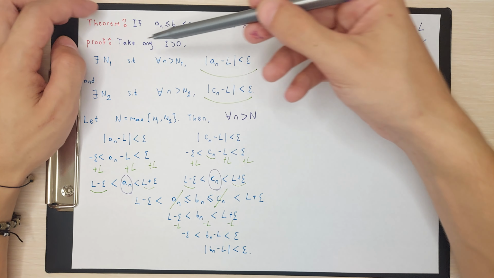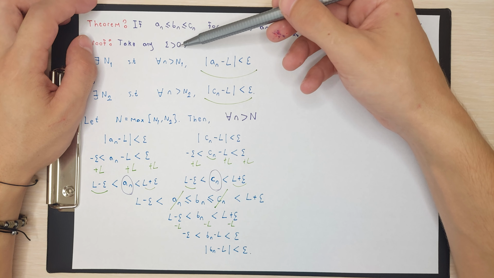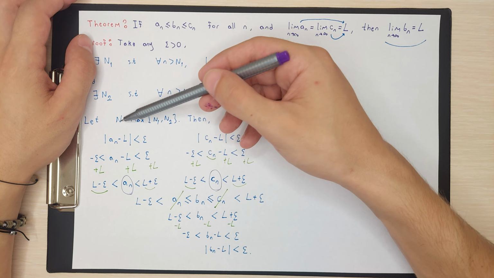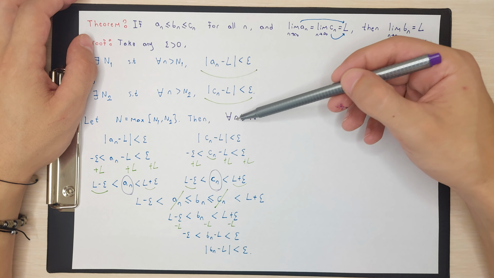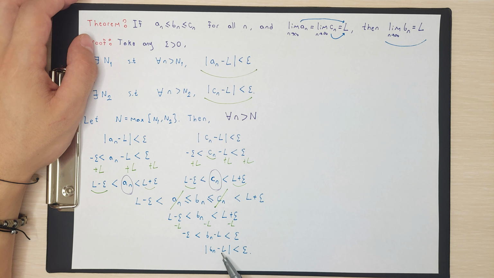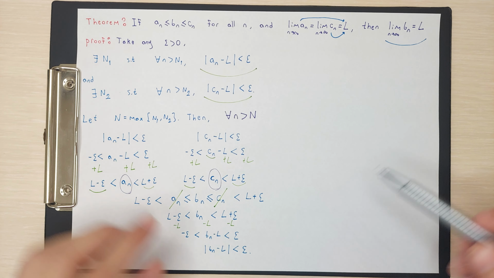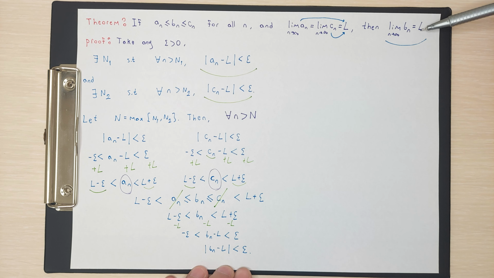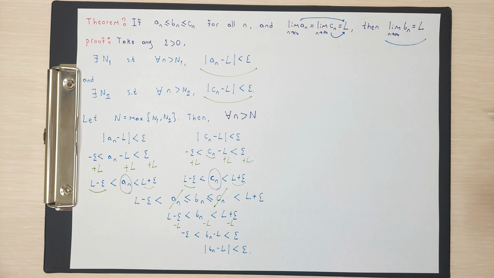Now we proved that for any epsilon which is greater than 0, there exists N such that for all n which is greater than N, the absolute value of bn minus L is less than epsilon. So this is the proof of limit bn is L. So we proved that theorem.